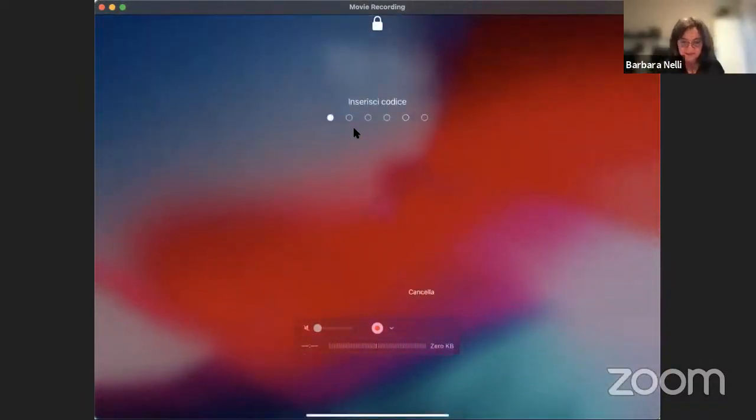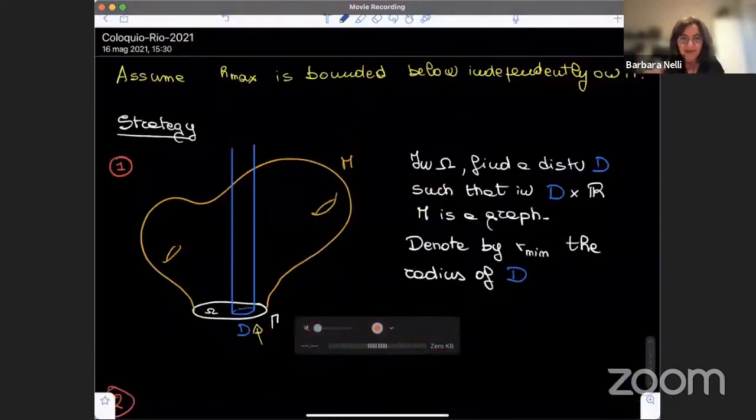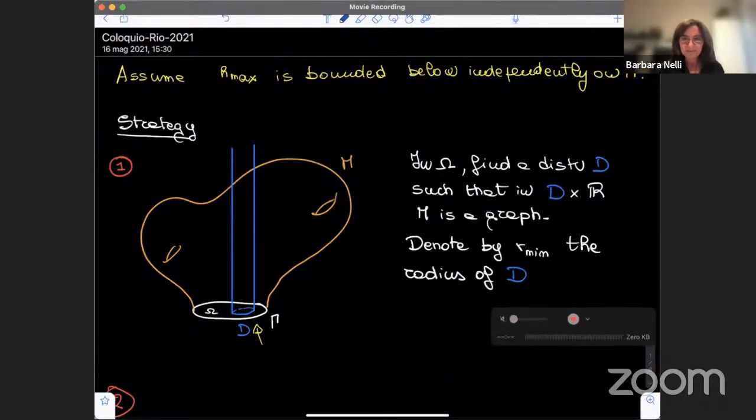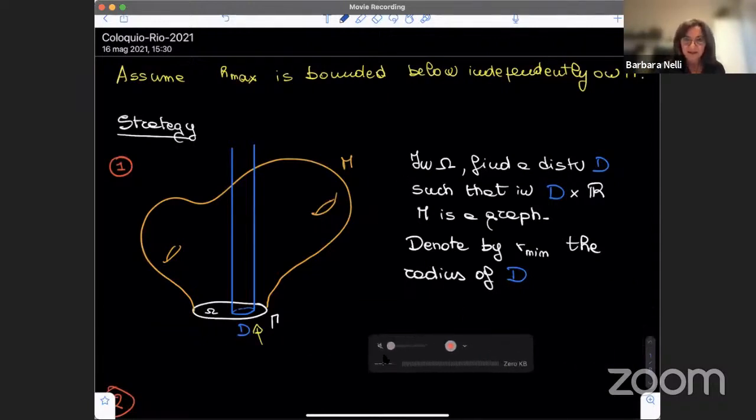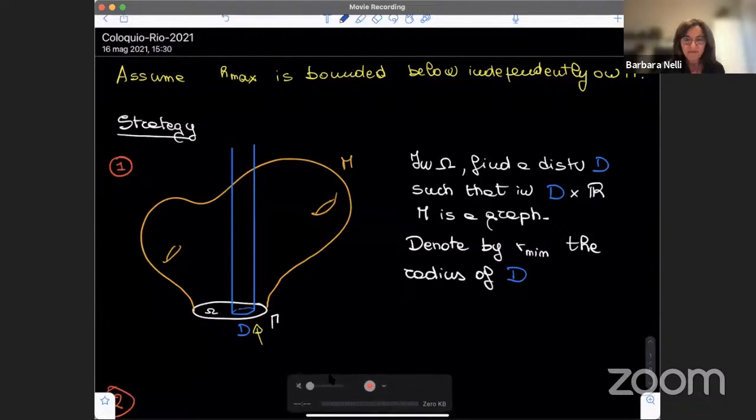Let me just open that. Okay, so that I can write here, but I want to take out this. I don't know how to do that. I don't know. Okay, anyway, I hope this does not disturb too much, this small stuff.